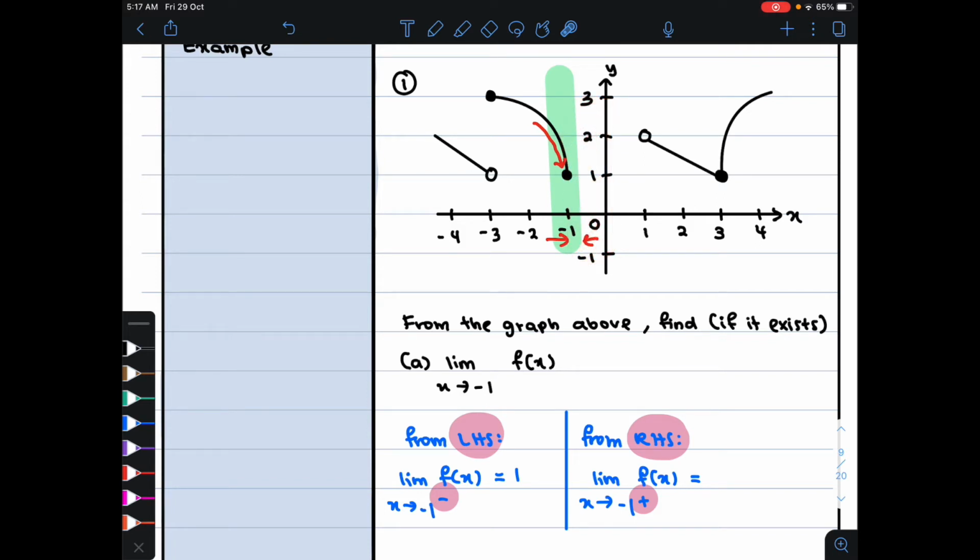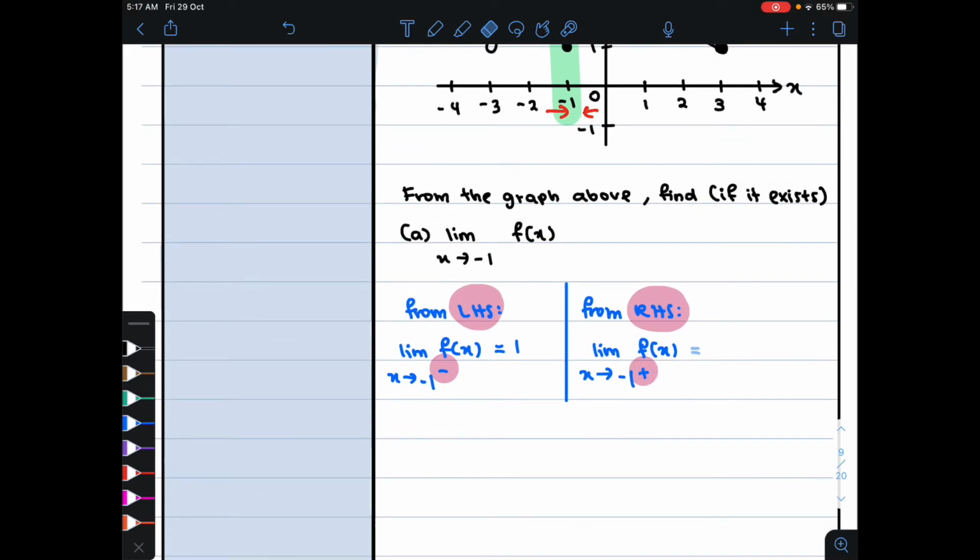So this means that this limit does not exist. So you can write down does not exist, or you can also write is undefined. Both mean the same thing. So I'm going to use does not exist.